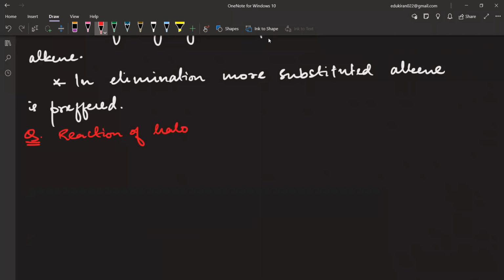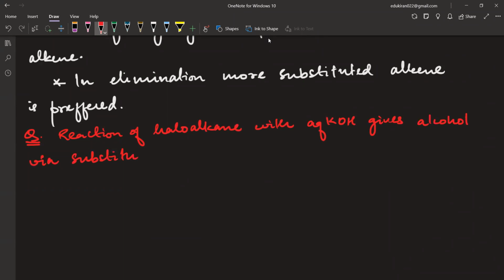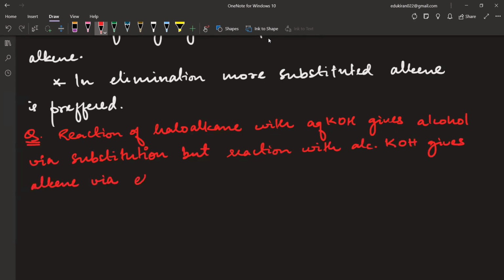Reaction of haloalkane with aqueous KOH gives alcohol via substitution, but reaction with alcoholic KOH gives alkene via elimination.